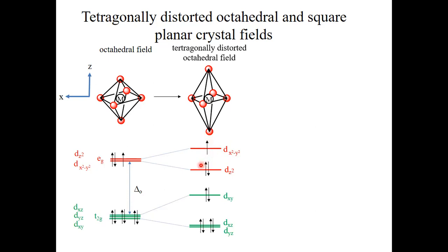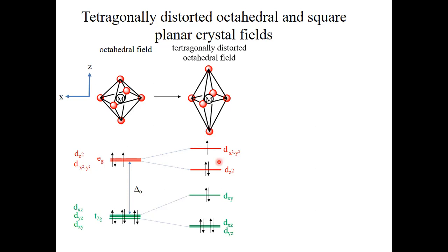And we would have an even greater driving force for the tetragonal distortion. So in this case, we would have a d8 electron configuration. Now remember, the d8 electron configuration likes the square planar shape.